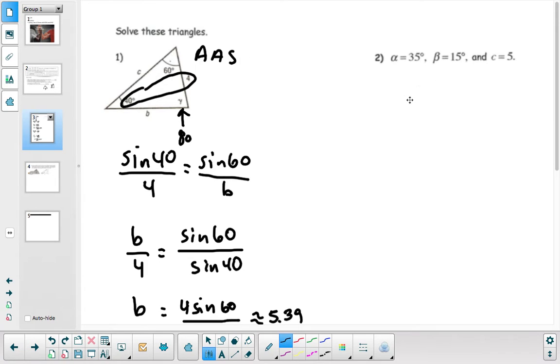Here, we'll draw it first. We have alpha, which is 35, and beta, which is 15. I'll put beta out here, alpha out here, 35, 15. This is going to be chi.